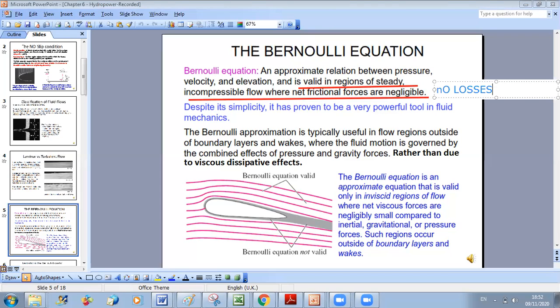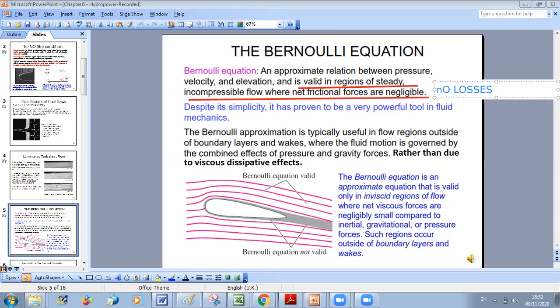If you have taken the dynamics course, or at school, you have seen the conservation of mechanical energy. The Bernoulli equation is similar, but it's for fluids, while in general at school you applied conservation of mechanical energy for solids, for rigid bodies.